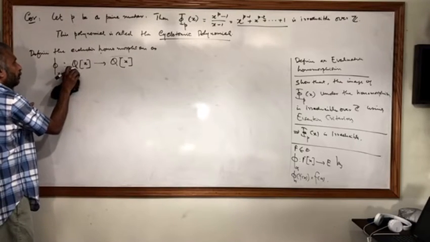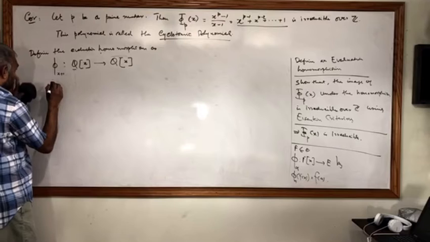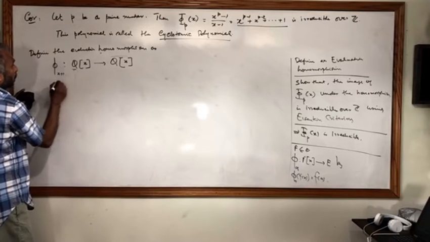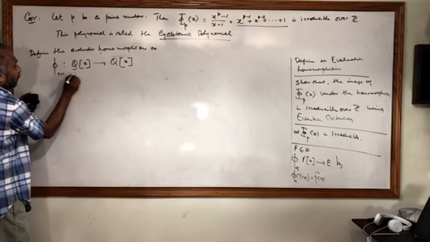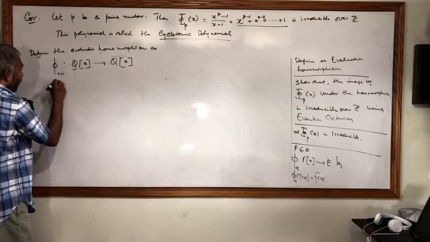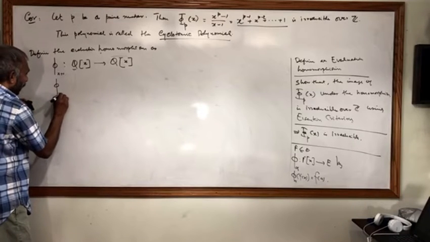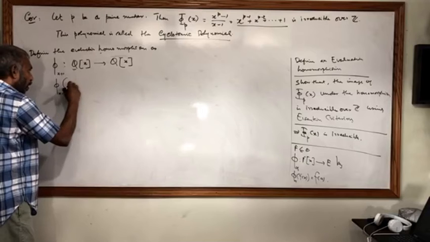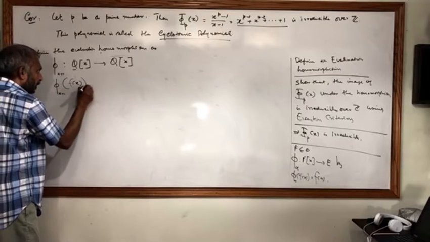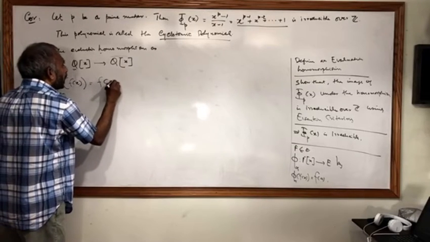Okay, and the way we are going to define it is, once you have this one, the meaning of the evaluation map is Phi of x plus 1 of f(x) is going to be f(x+1).